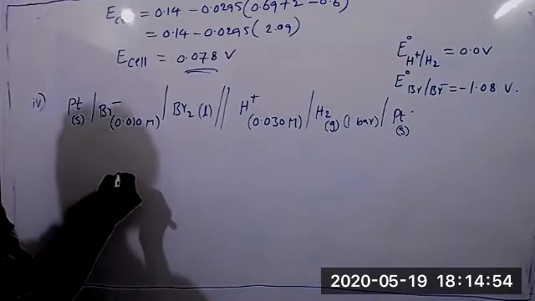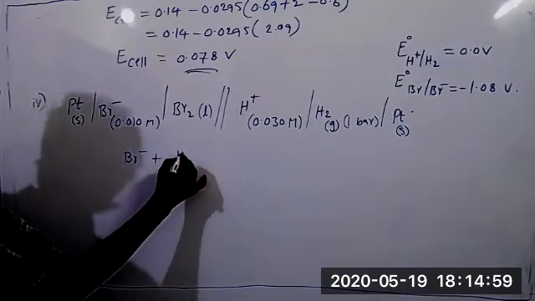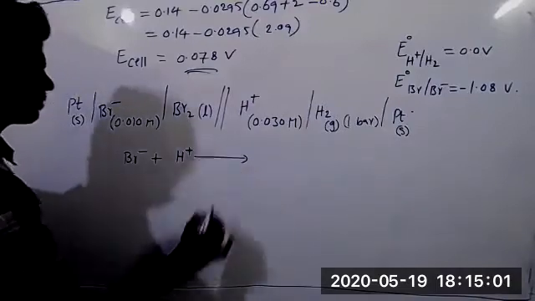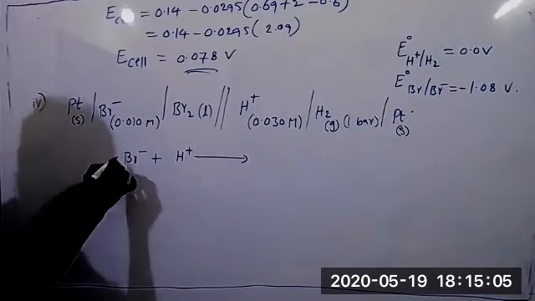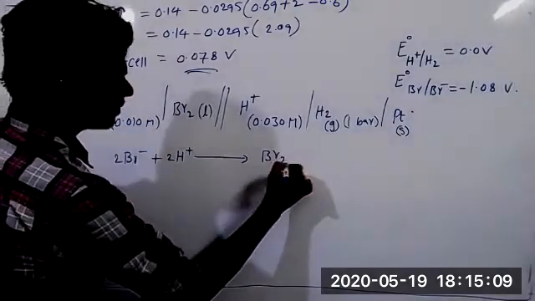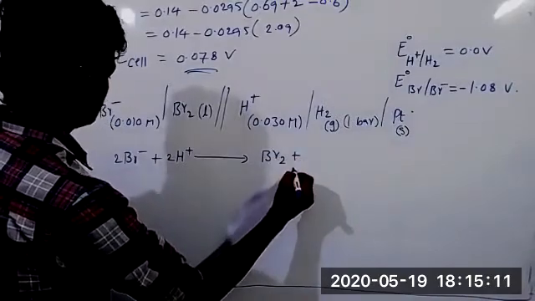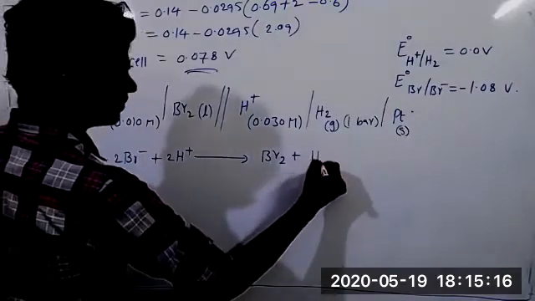First of all, see the chemical reaction: Br minus and H plus, two Br minus, two H plus, gives Br2 plus H2.